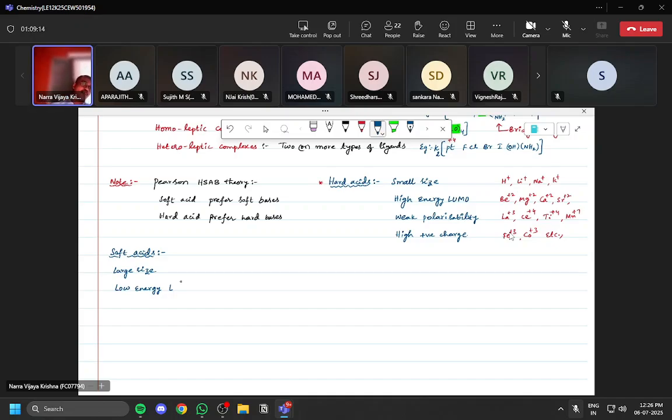Molecular orbital occupied but having high energy. LUMO means unoccupied molecular orbital having lower energy. So low energy LUMO only. Polarization: high polarizability, low positive charge.